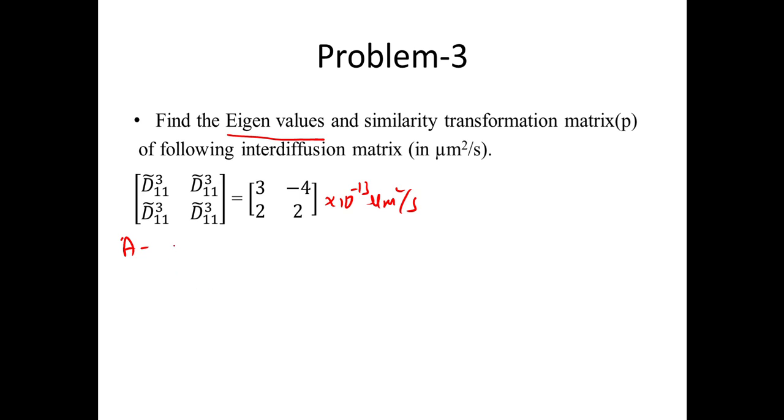is equals to 0. Consider this one as the A matrix. A minus lambda I is equals to 0.